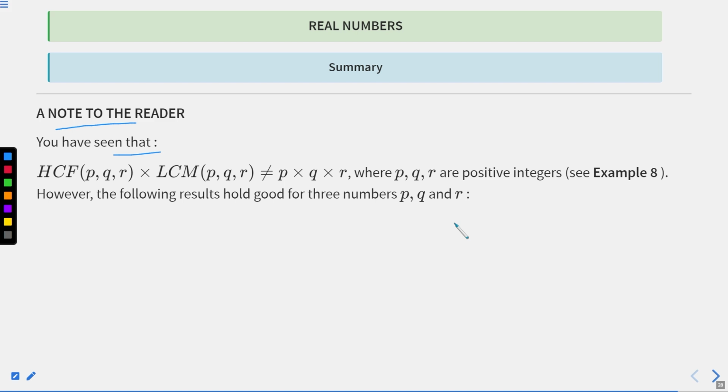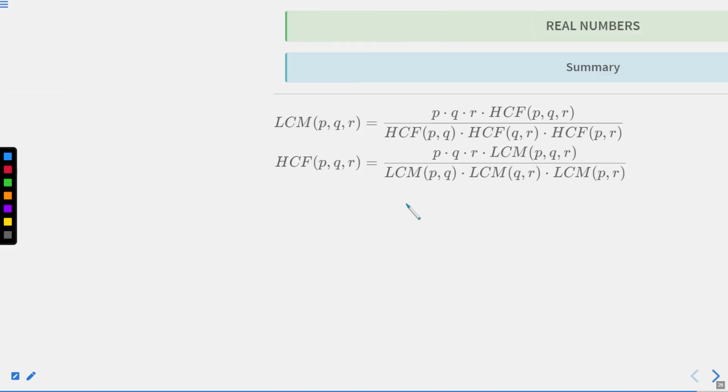But HCF of two numbers a and b times LCM of two numbers a and b is equal to the product of a and b. This is an important note. However, the following results hold good for three numbers.